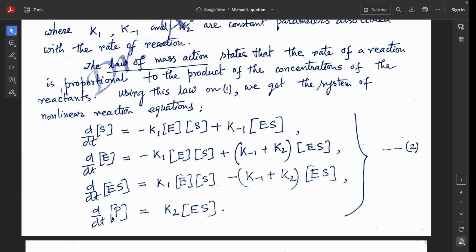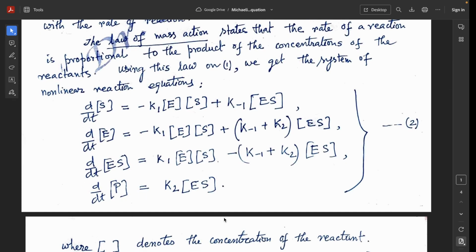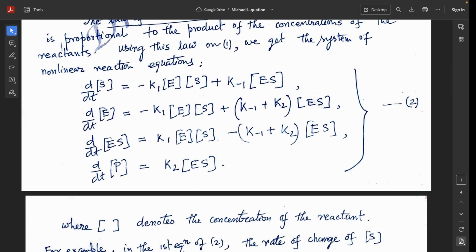So we get the last equation: derivative of concentration of P equals K2 concentration of ES, where the brackets denote the concentration of the reactant.